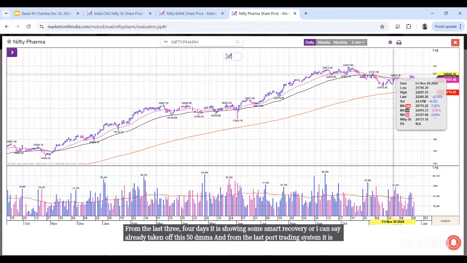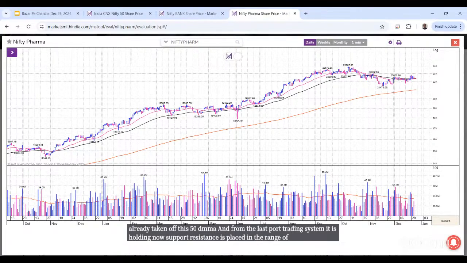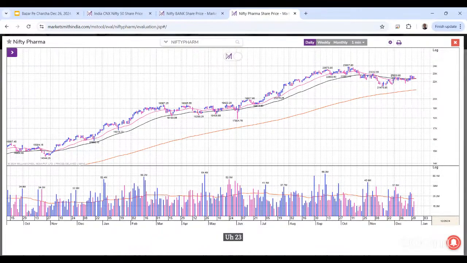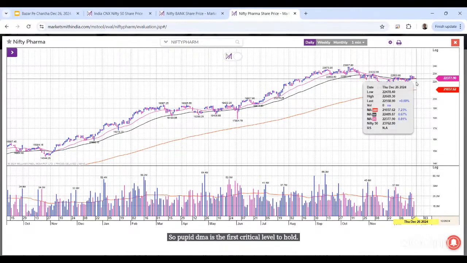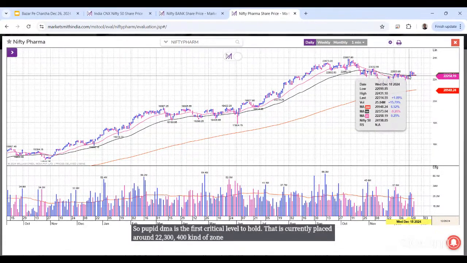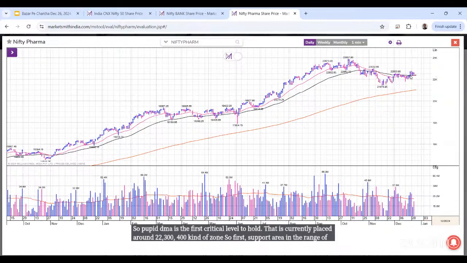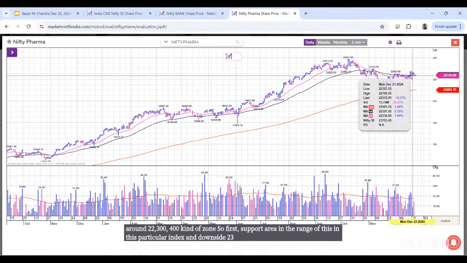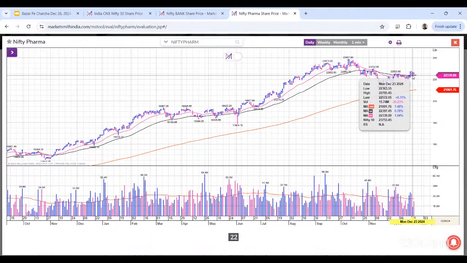Now support and resistance is placed in the range of 23,000 kind of zone, followed by 24,000 kind of zone. The 50 DMA is the first critical level to hold, currently placed around 22,300-400 kind of zone. So the first support area on the downside is 22,400 kind of zone.